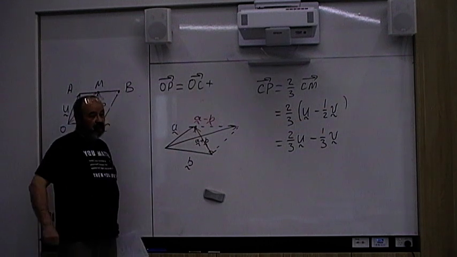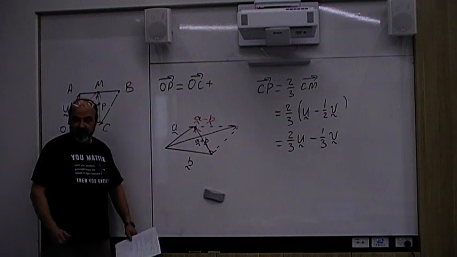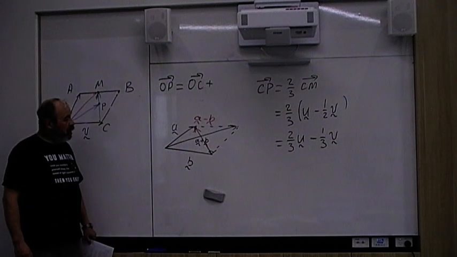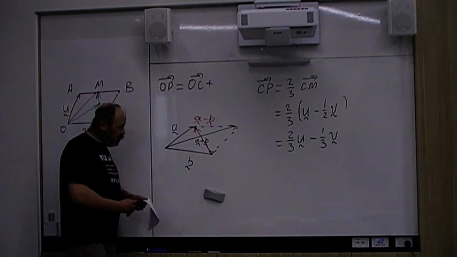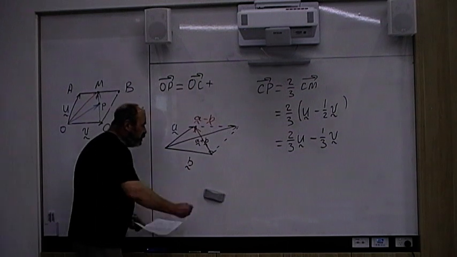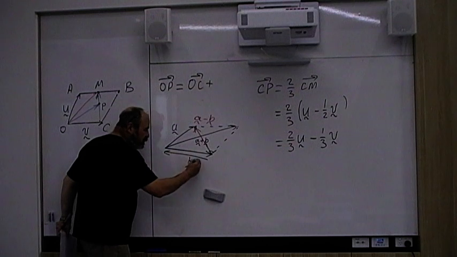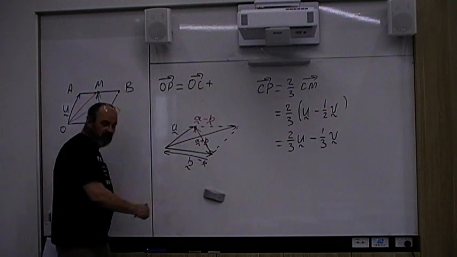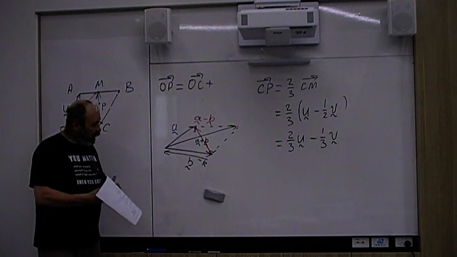Copy this diagram, it will be quite useful. What direction is B going now that it's A minus B? B is still going this direction, but minus B will be the opposite direction.